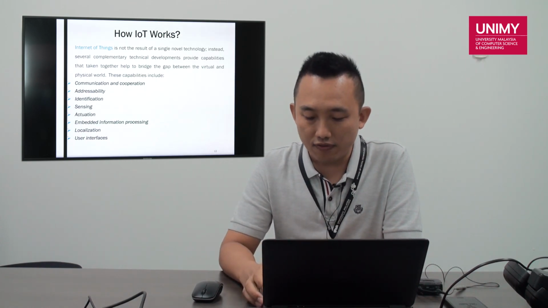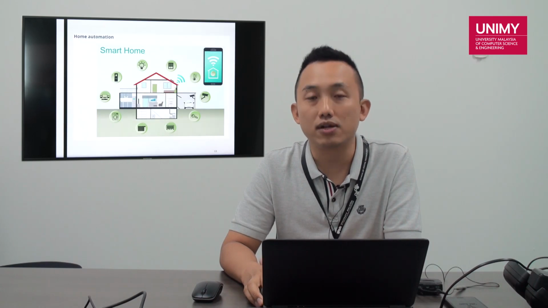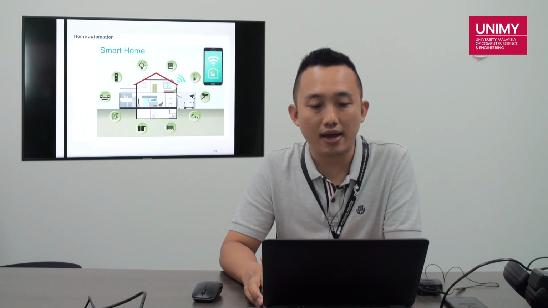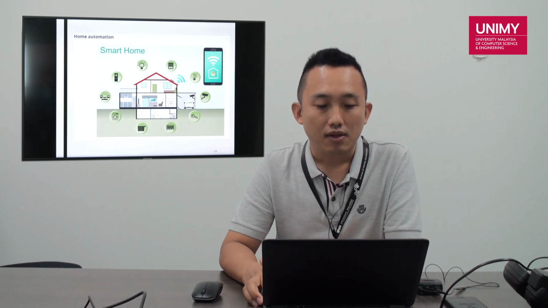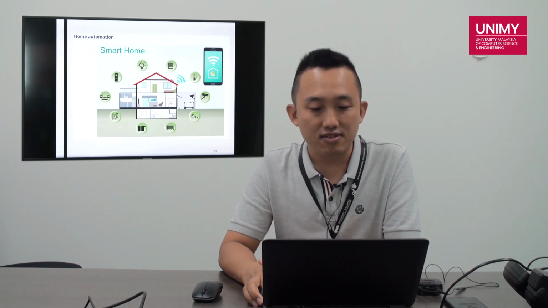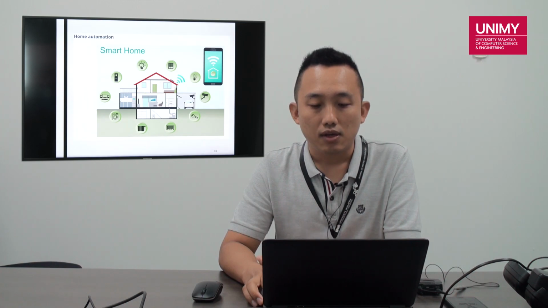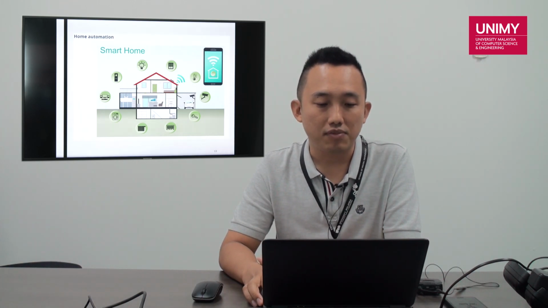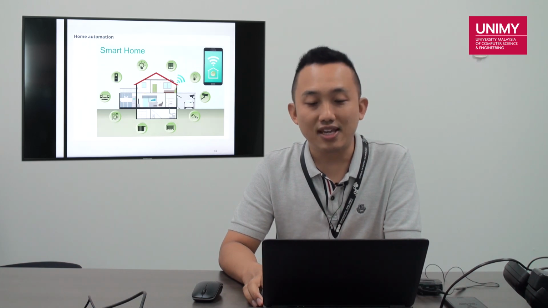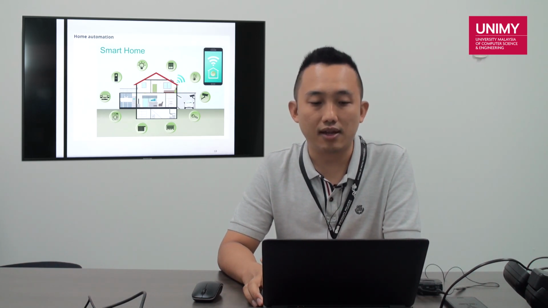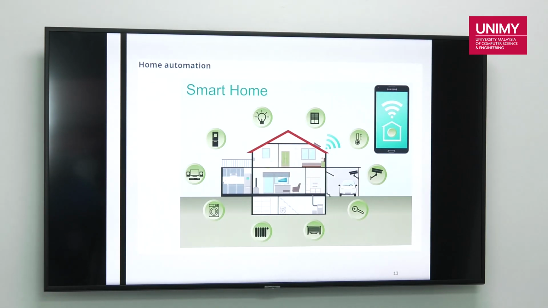One of the very popular applications of IoT is the smart home. We might have an auto lighting system in our home, surveillance systems, or energy saving systems that can be controlled through apps.